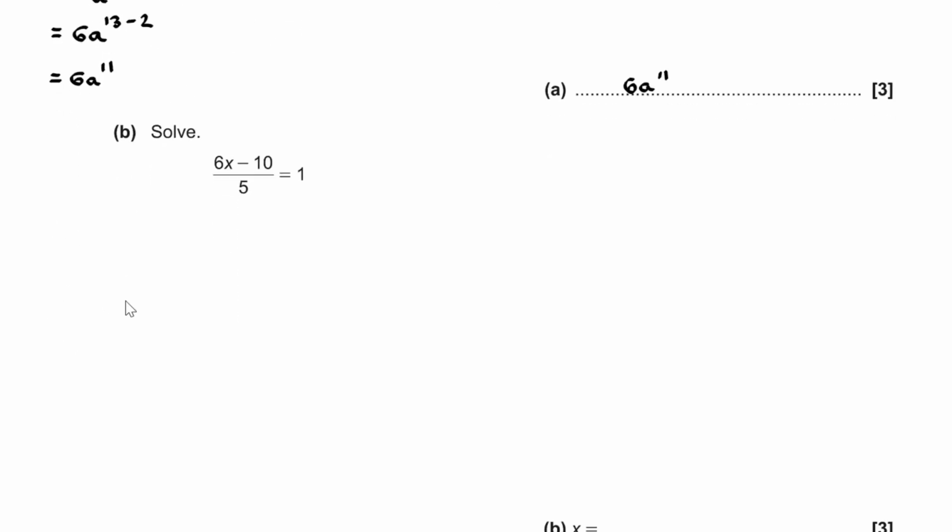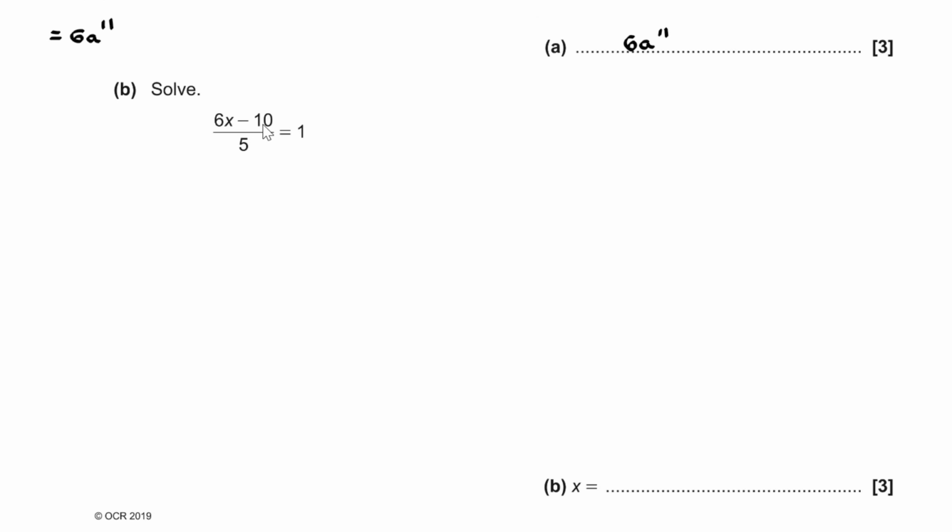And now for part B, we have to solve 6x minus 10 over 5 equals 1. Well, what we can do is get rid of the fractions, and so if we multiply both sides by 5, on the left hand side, this 5 cancels with this, leaving us with 6x minus 10, and on the right hand side, 1 times 5 is 5.